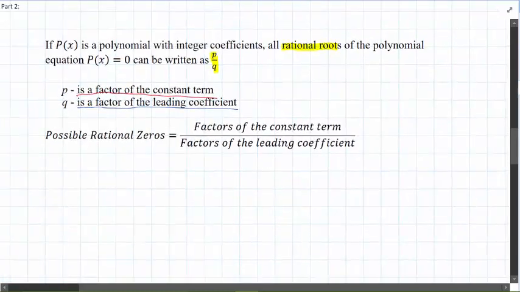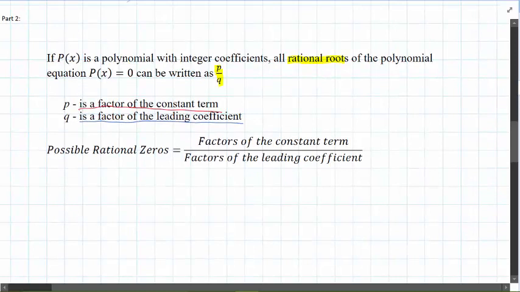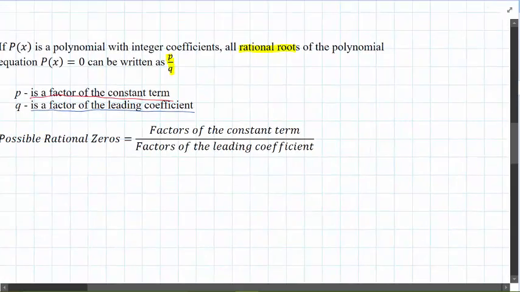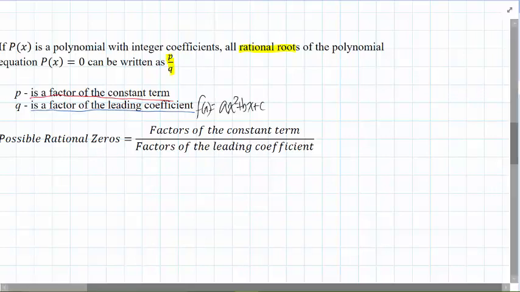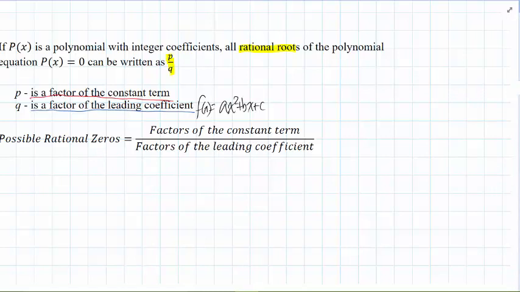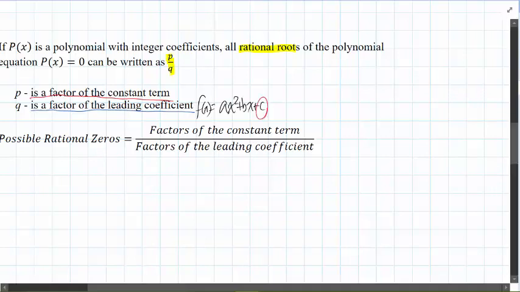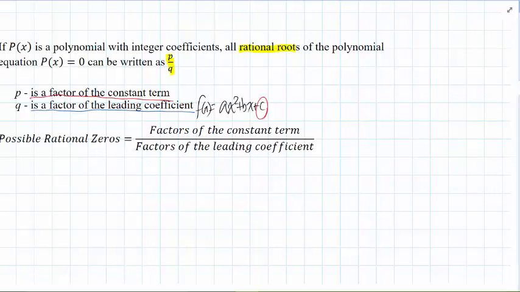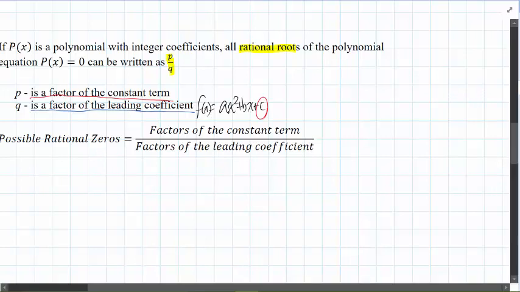So remember, a constant term, if it's ax squared plus bx plus c equals f of x, the constant would be c, which stands for constant, while the leading coefficient would be a.